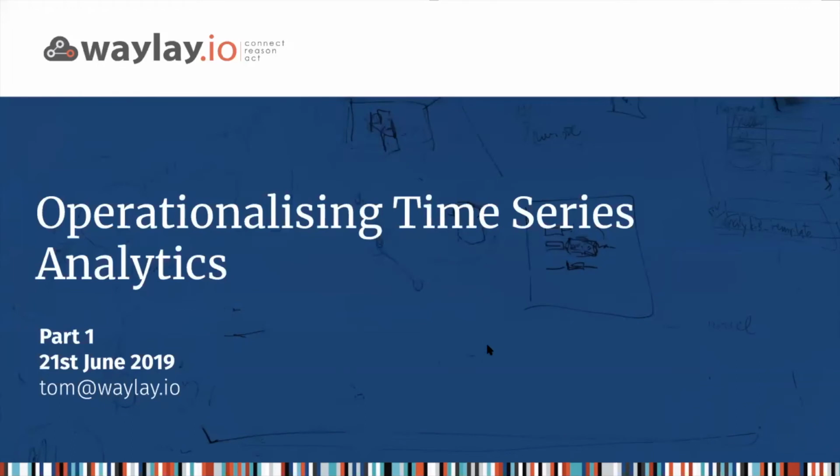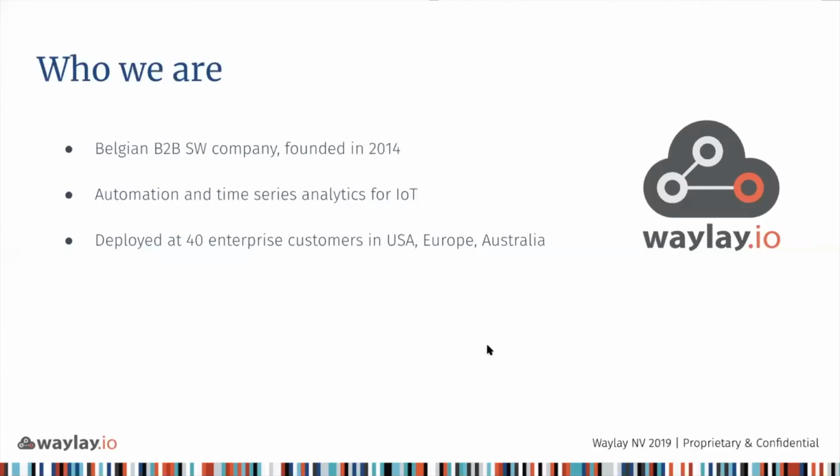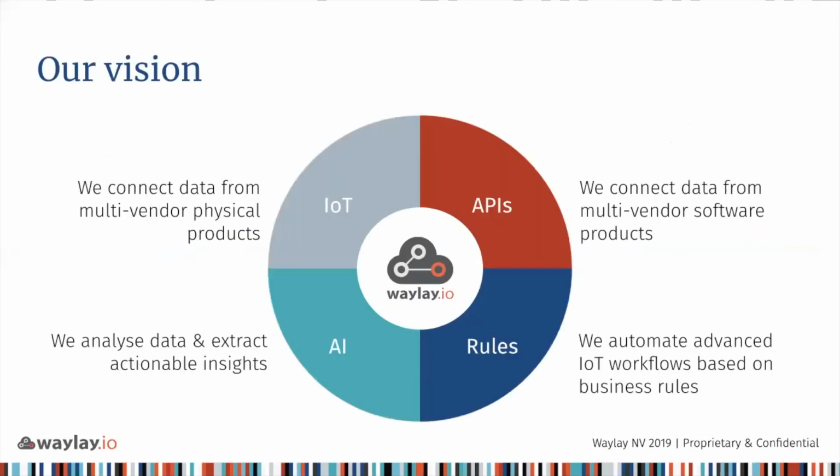Maybe for those that are not familiar with who we are, Waylay. We're a Belgian company. We build software for IoT automation, and we have a specific vision and that we typically sell to customers that have already figured out the so-called connect and collect strategy, which basically means that they're in the IoT space and they have already decided on which hardware to put on their remote assets.